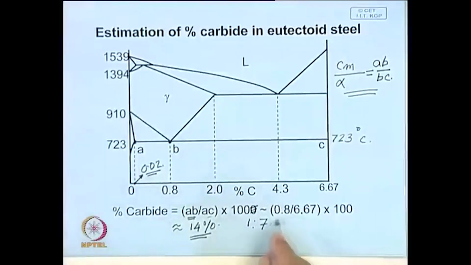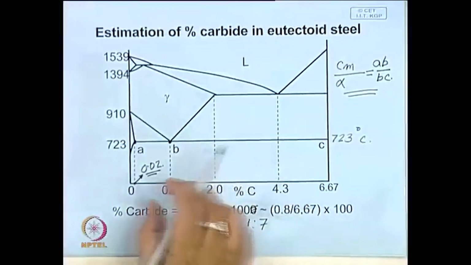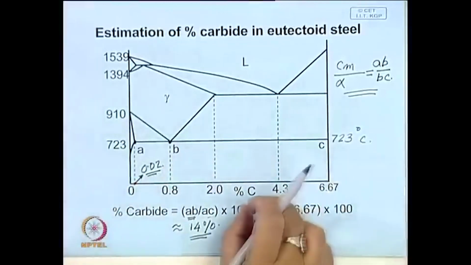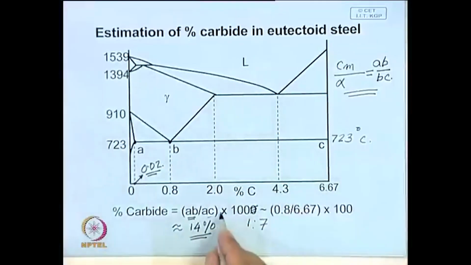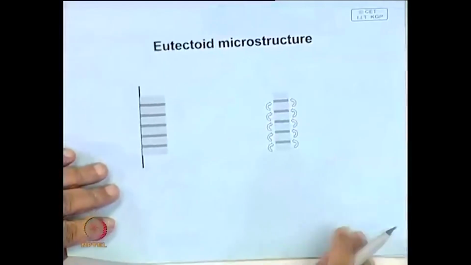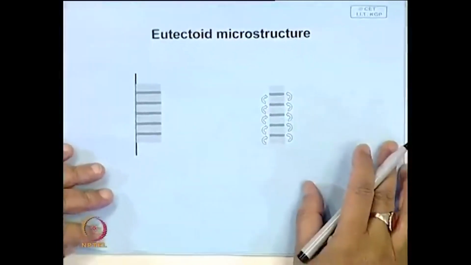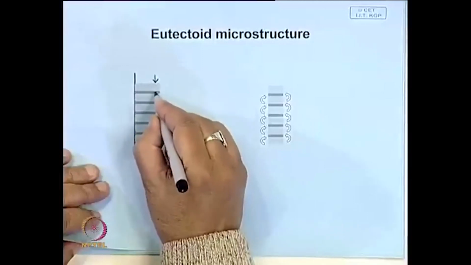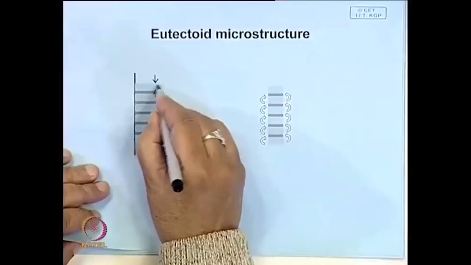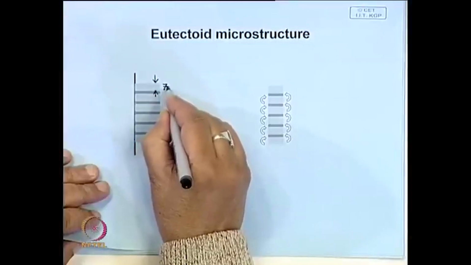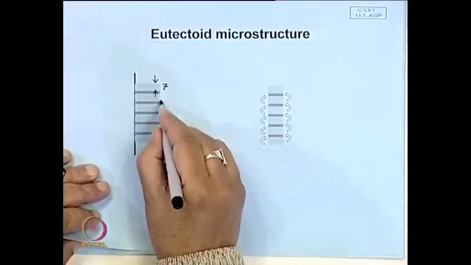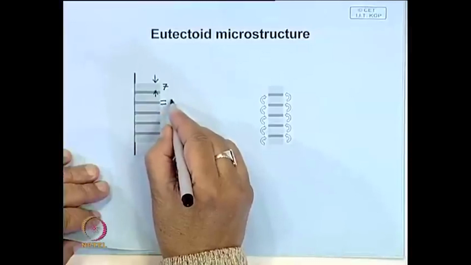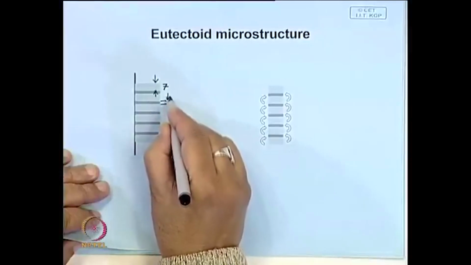If you assume that the densities of ferrite and carbide are nearly the same, this will also represent the volume percentage, which is what you see when you look at the microstructure. So, this is the width of the ferrite plate. If this is 7, the width of the cementite plate will be around 1:7.